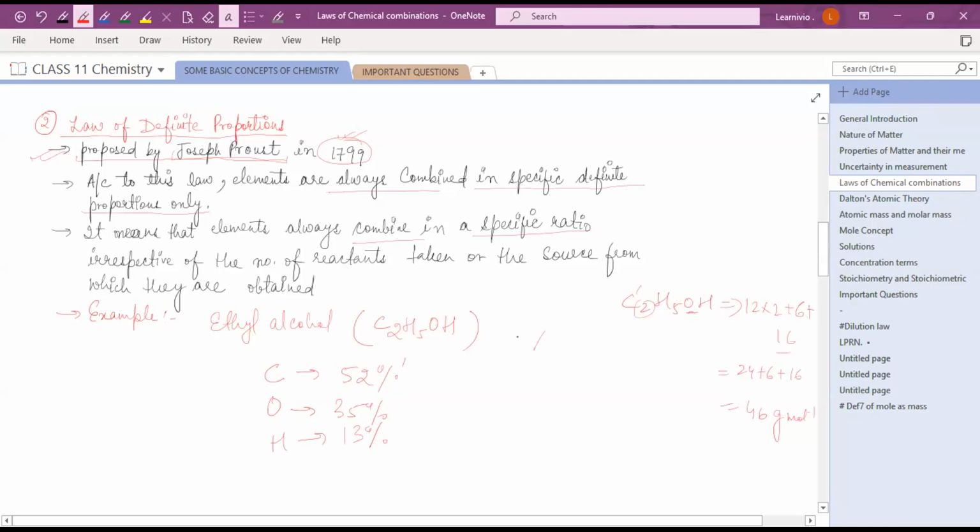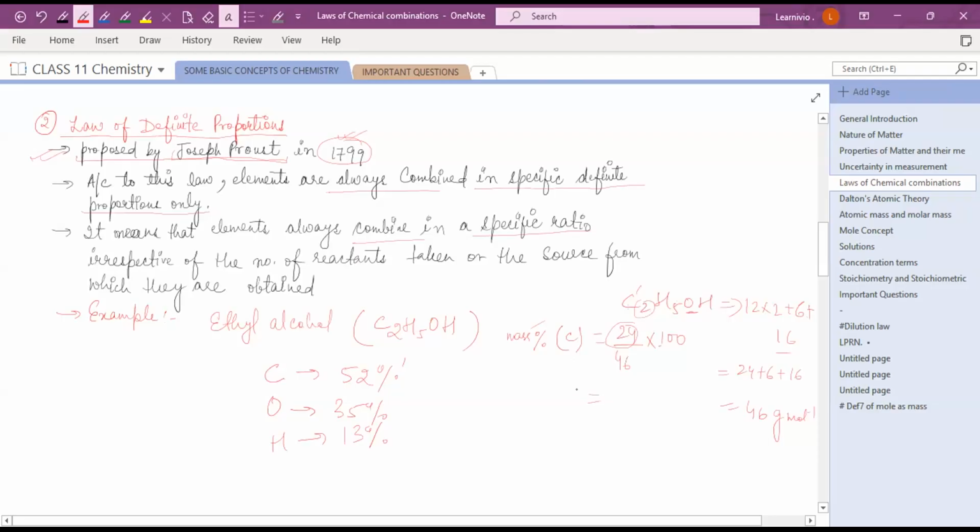So we are calculating the mass percent of carbon. 24 divided by the total molar mass, which is 46, into 100. Why? Because it is a mass percent. Calculate it and you will get the value.